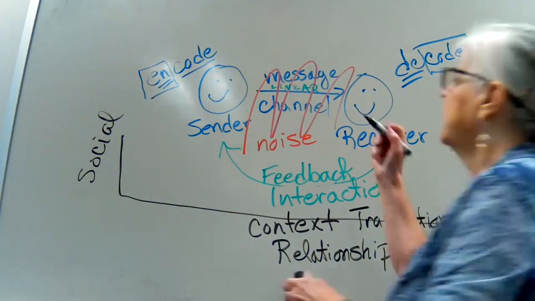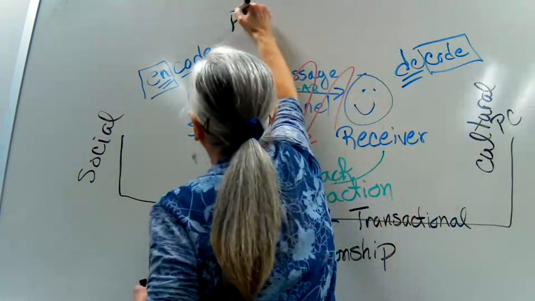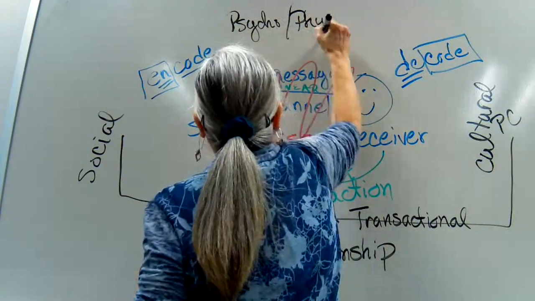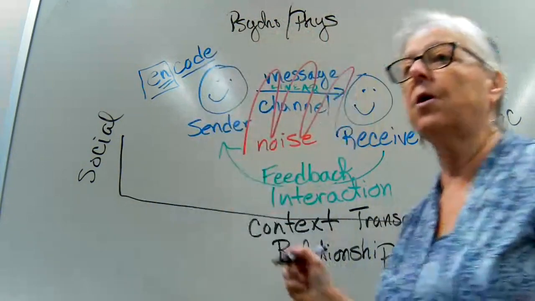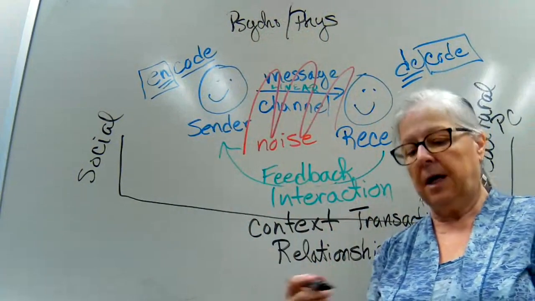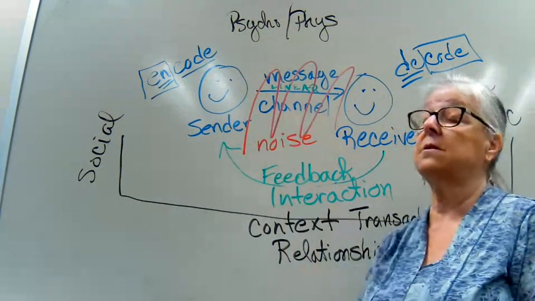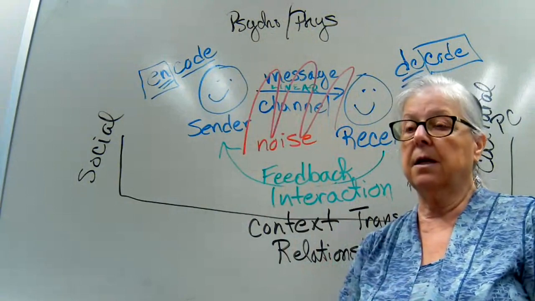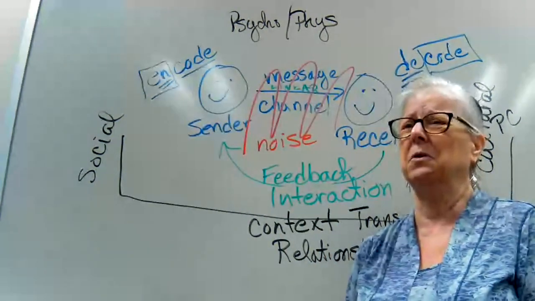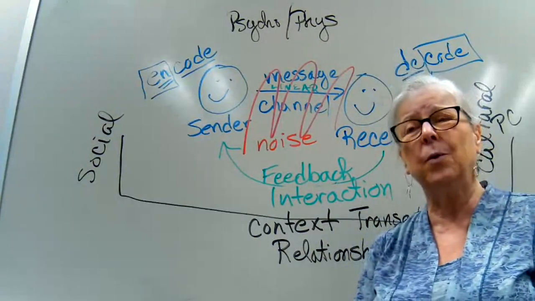And then another context is the psychological as well as the physical, so those P's. We're going to be talking more about the psychological later. Psychological plays into a lot of the noise, as does the physical. But the psychological can just be, you know, I'm having a bad day and I just don't really want to deal with you. Or I don't physically feel well.